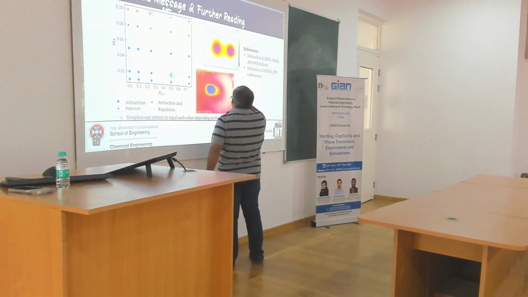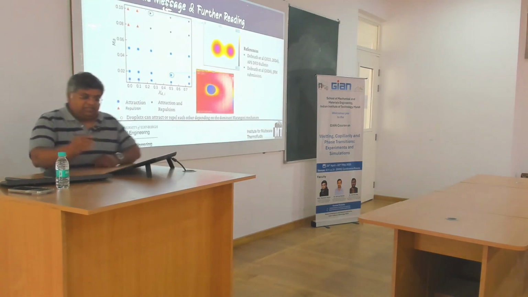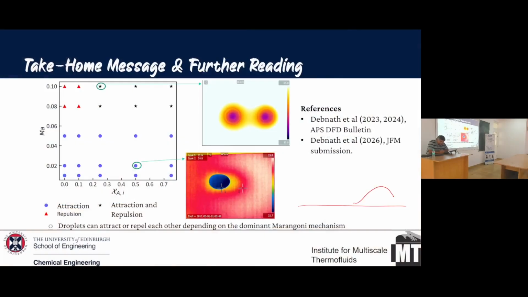If you have a contact line system like this, by default we assume this is at the temperature of the wall, because they're so close to the wall. But because of evaporative cooling, this would be slightly lower than TW, and this would be slightly higher because there's vapor shielding.